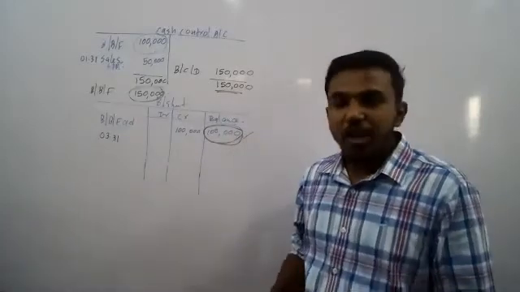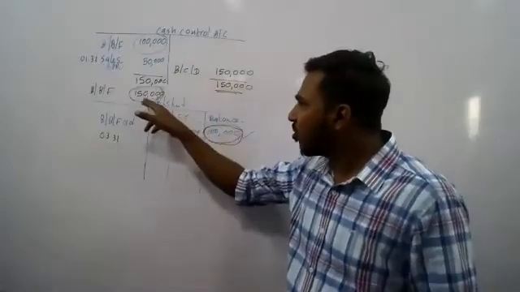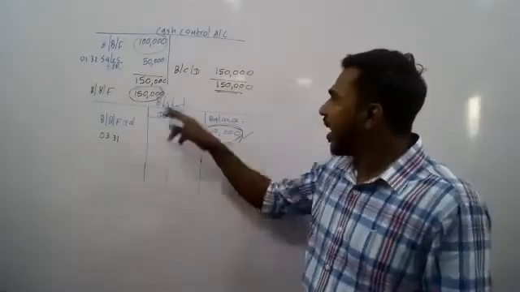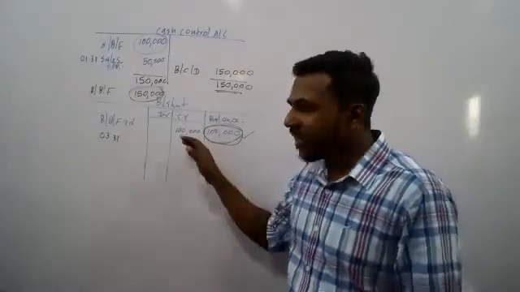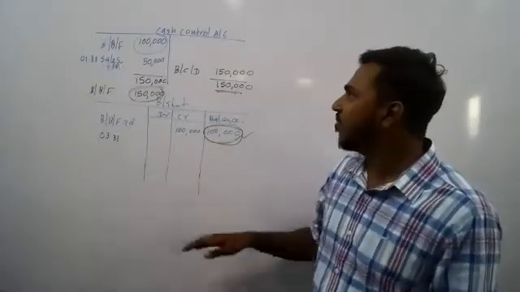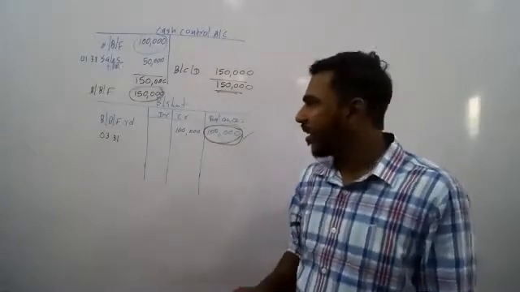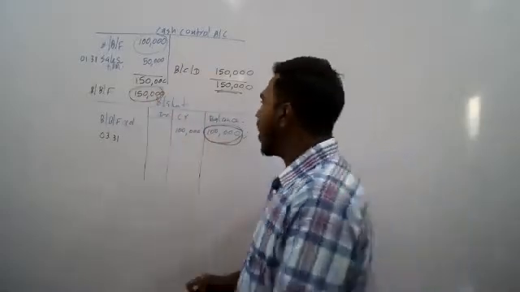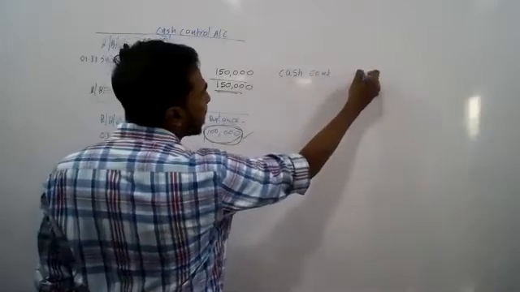So now you can see there is a difference between the cash control account balance and the bank statement balance. Clear?